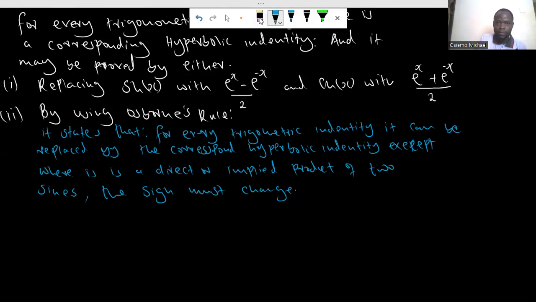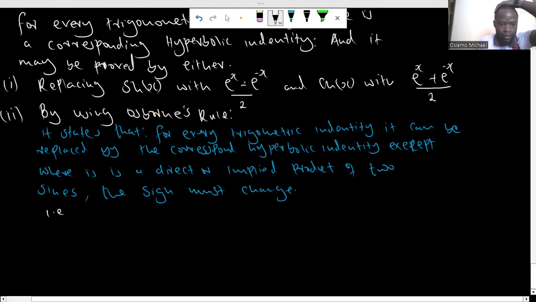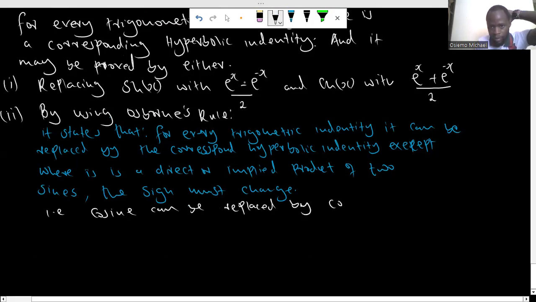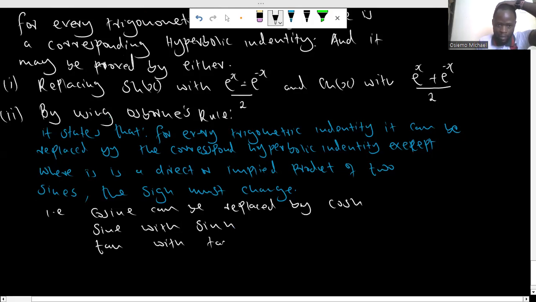So that is, cosine can be replaced by cos hyperbolic, sine with sine hyperbolic, and tan with tan hyperbolic.